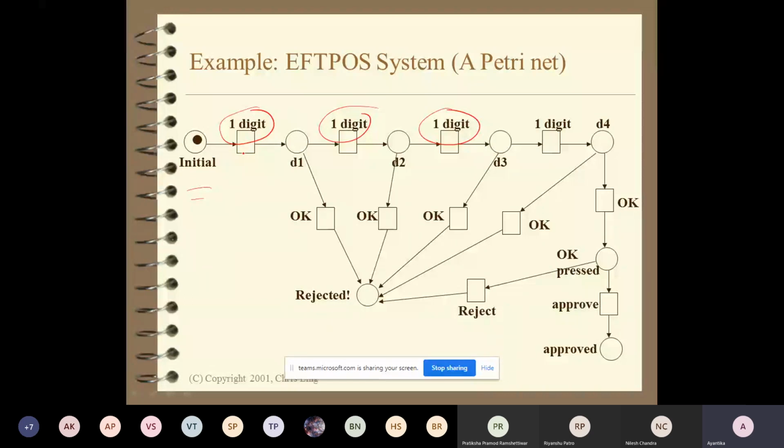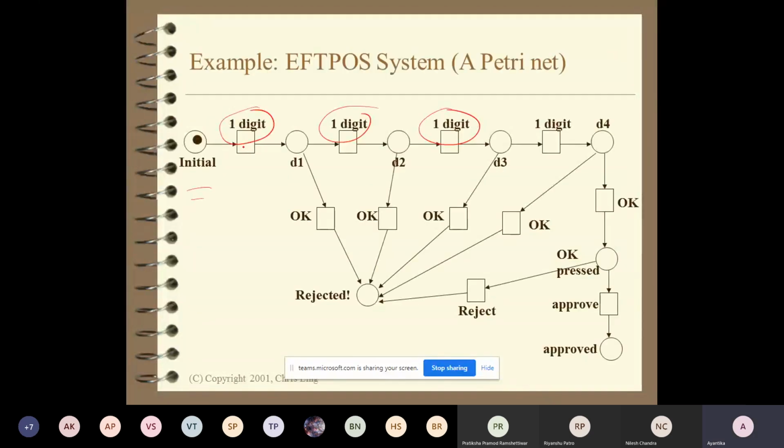Then you enter one digit. You enter digits one by one. If it is the first digit, your token will come here. Then if you press OK, this event is generated and it goes to the rejected state. Similarly, if OK is not pressed, you proceed in this direction.